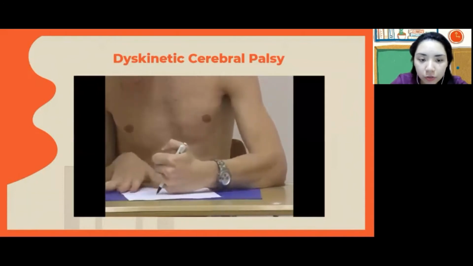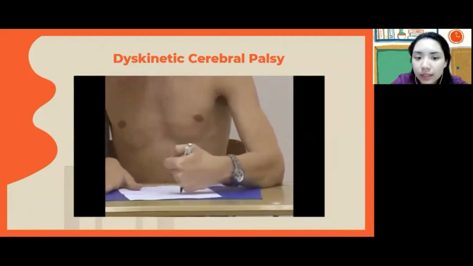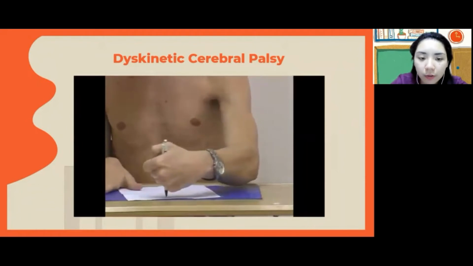Okay, so I want you to observe iyahang hand movements and how he holds the pen. Okay, there. So, diba, the person really has difficulties with moving or controlling iyahang movement once mag-write na siya. So, kana. This affected his hands, no, as you see in the video.